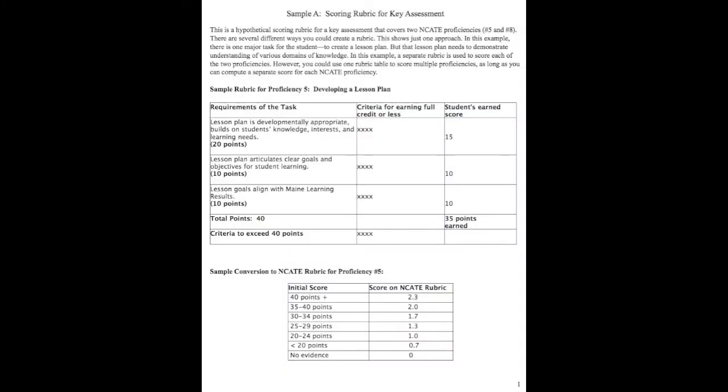To create this conversion table, you'll need to look at the at-a-glance chart for the relevant degree program and look for the minimum expected performance level for that key assessment. You will only need to create this table once for all students in your course. Now you're ready to enter and submit a score into the TK20 system.